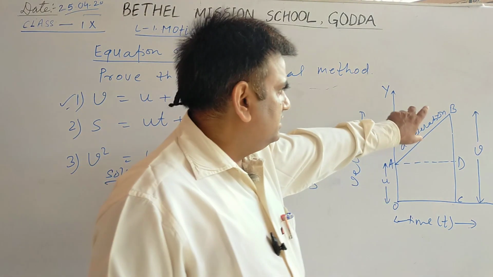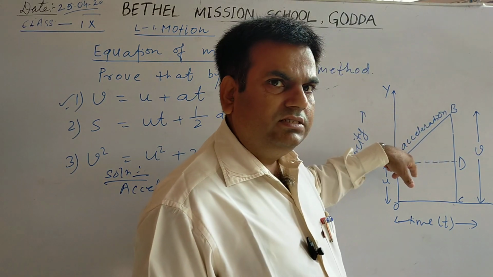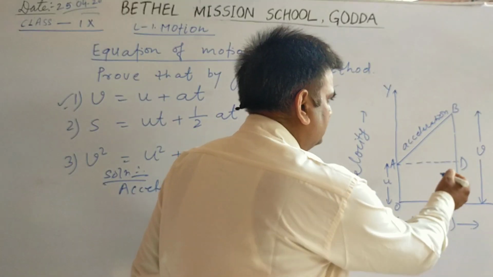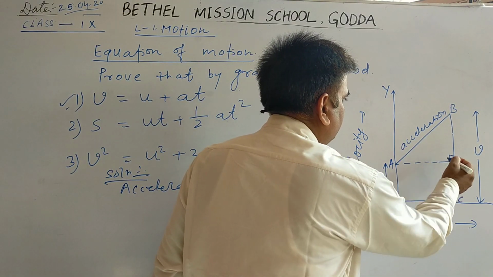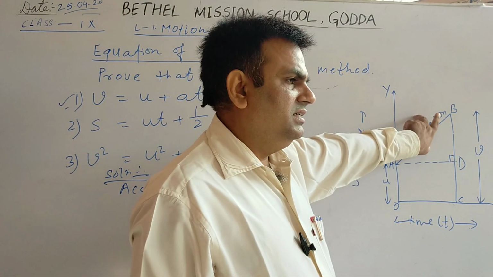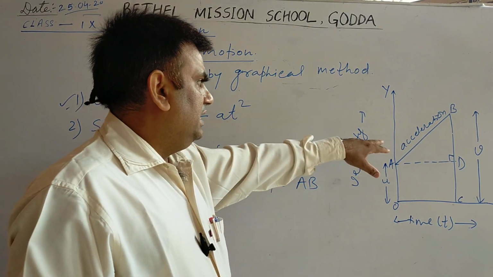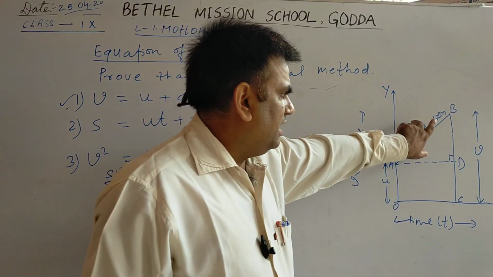As you are watching, this is a triangle. ABD is a right angle triangle. In a right angle triangle, the side which is in front of the 90 degree angle is the hypotenuse. So the slope is AB and this is the hypotenuse.